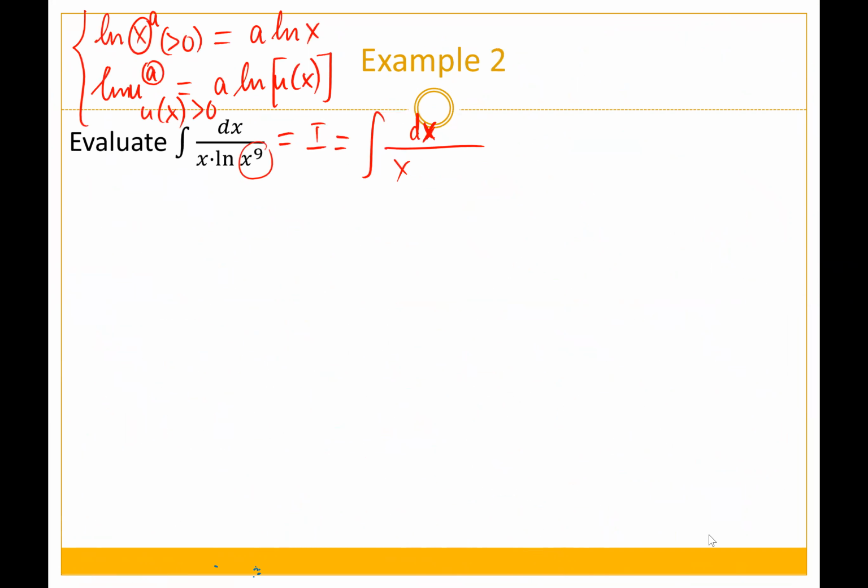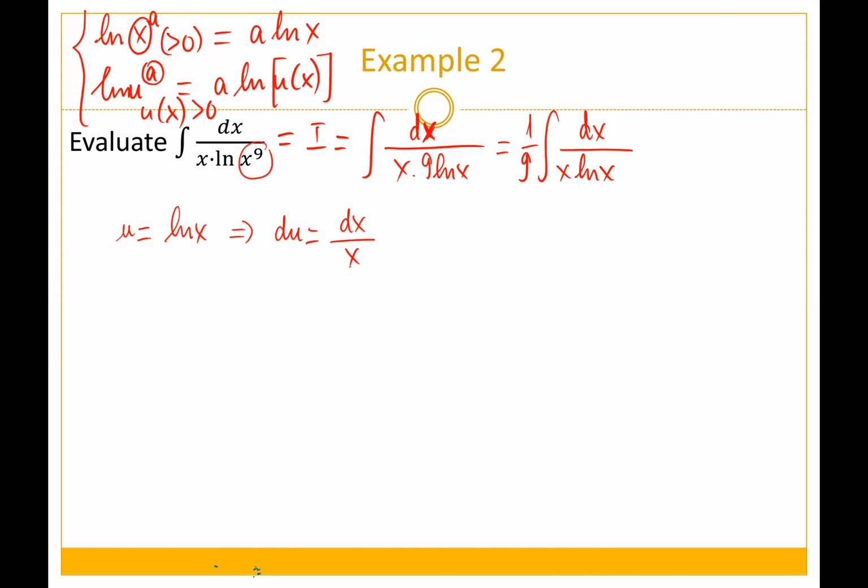So it's going to be x times 9 ln of x. Our integral now is 1 over 9 of the integral of dx over x ln of x. Now this is where we use the derivative of log. If we put u as ln of x, we have du is dx over x.